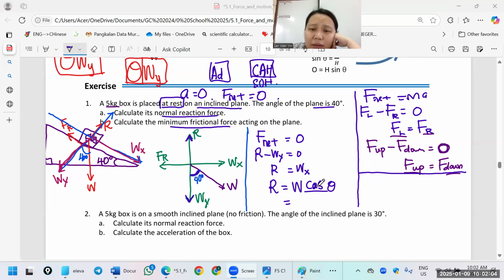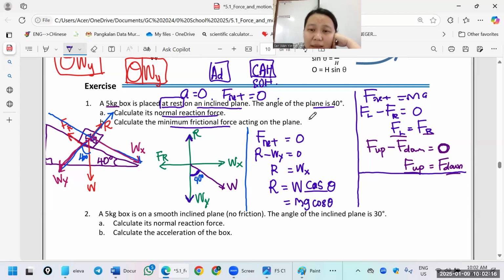They don't give weight, so they use mg. Weight equals to mg cos theta. So now R equals to mg cos theta. M is 5, g is 9.81, cos 40.